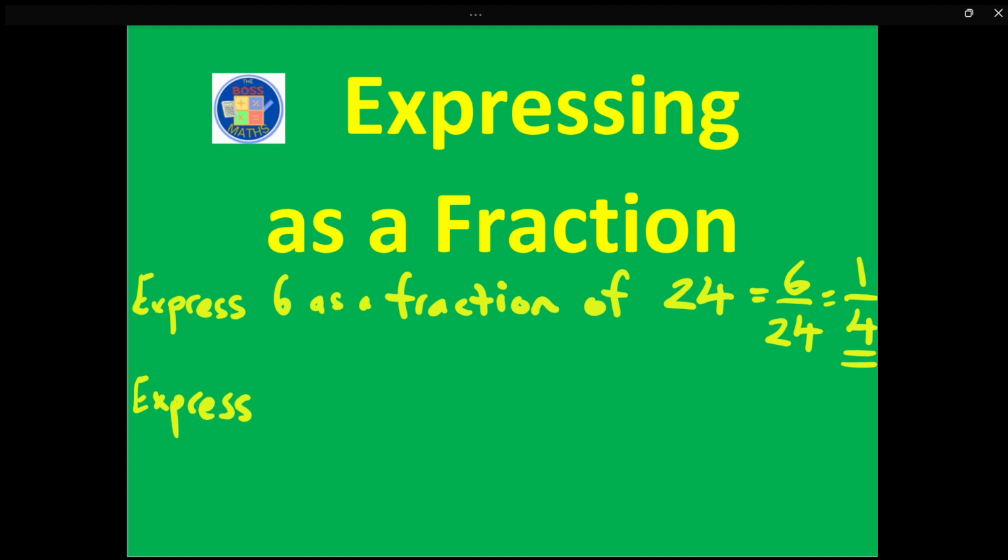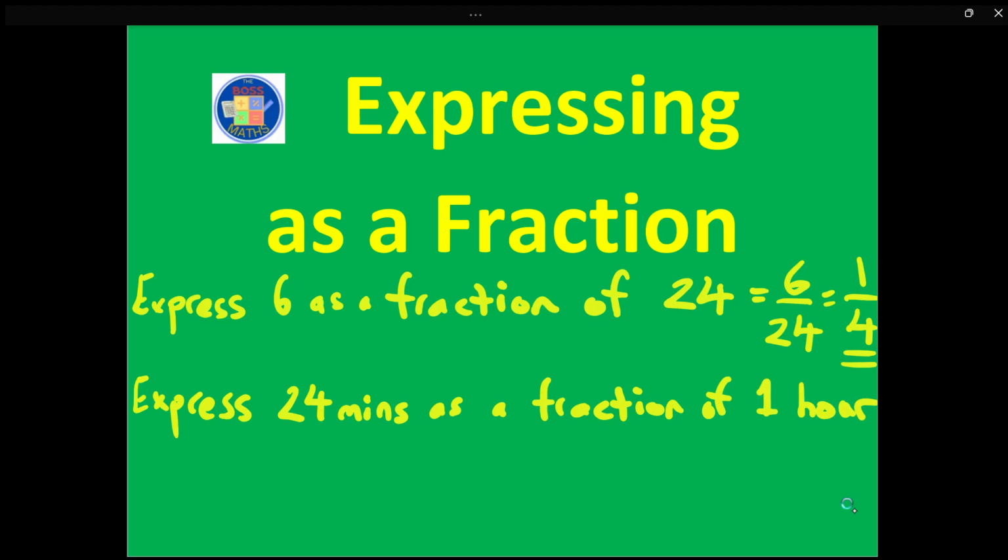A more difficult example would be something like express 24 minutes as a fraction of 1 hour. So here we have something in minutes and something in hours.